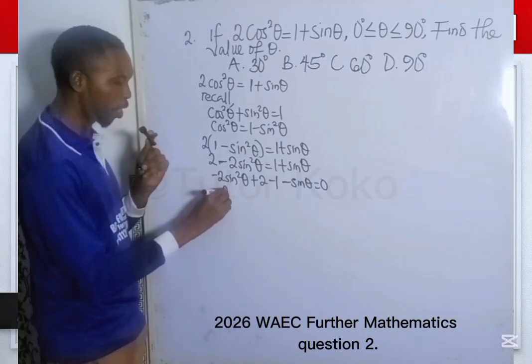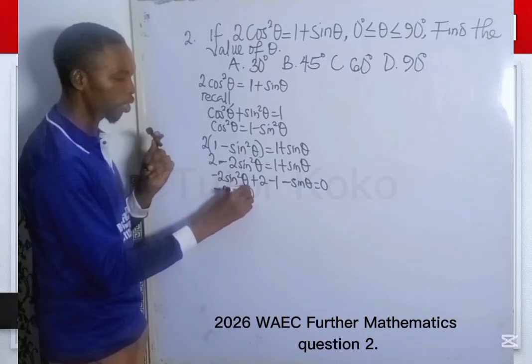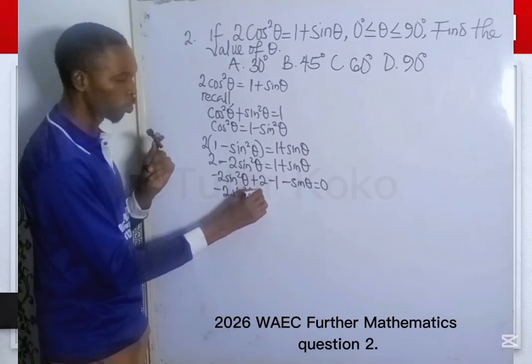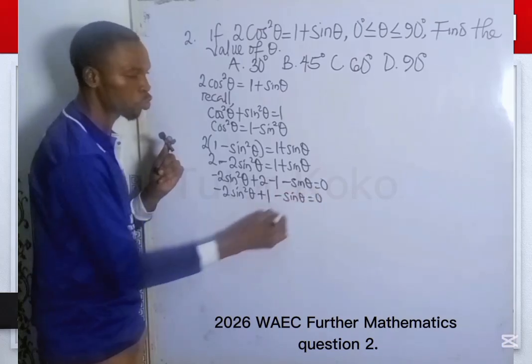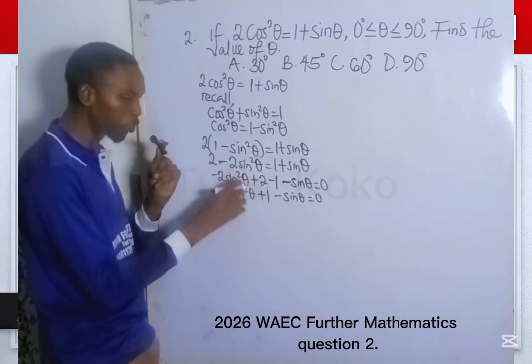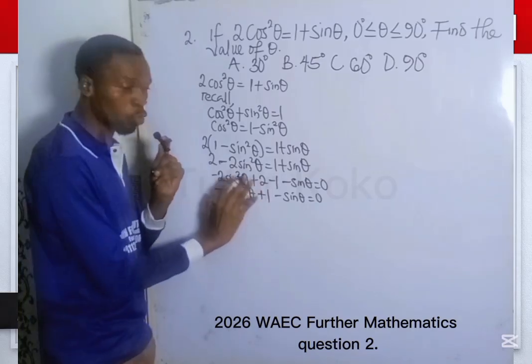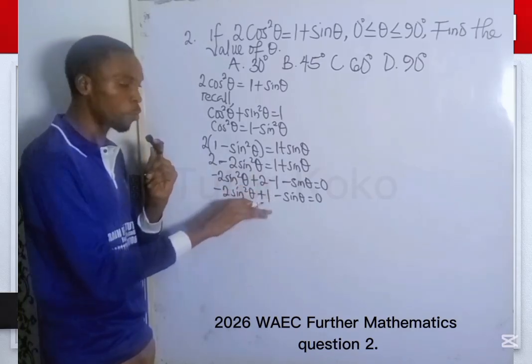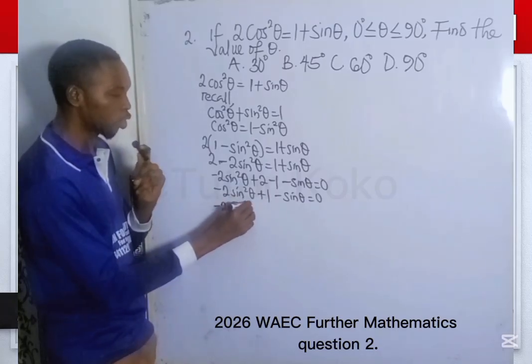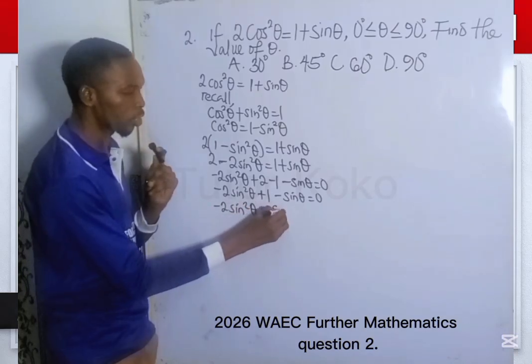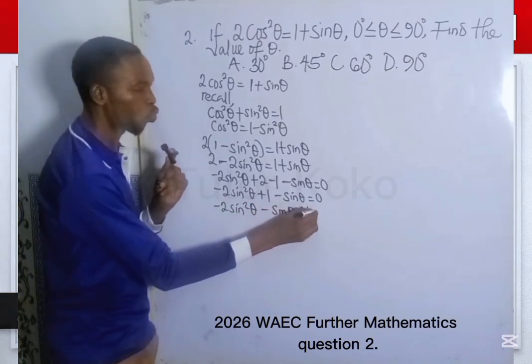So I'm going to have minus 2 sine squared theta. 2 minus 1 is what? 1. Then minus sine theta equal to 0, right? So I'm going to rearrange. It's going to look like a quadratic equation, but in the form of trigonometry. So I'm going to have minus 2 sine squared theta minus sine theta plus 1 equals to 0.